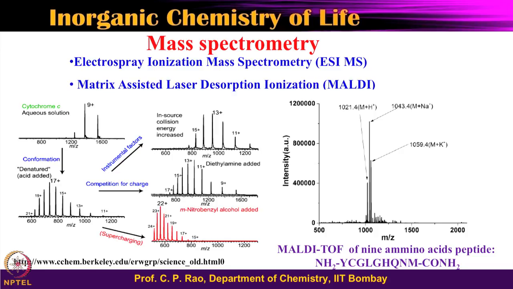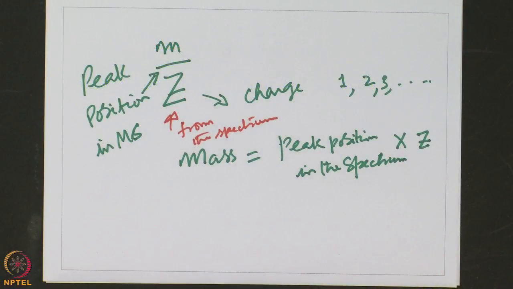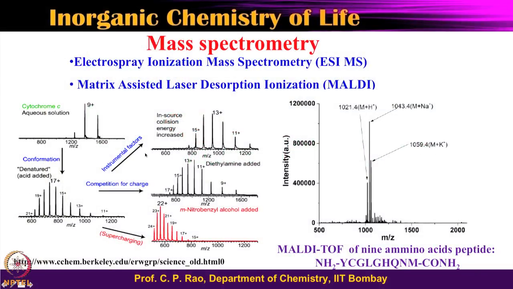Now, as I said, the Z can be played with. Charges can be added or removed. You can add charge by adding some kind of acid, for example trifluoroacetic acid.